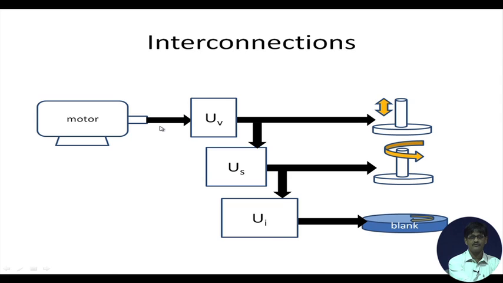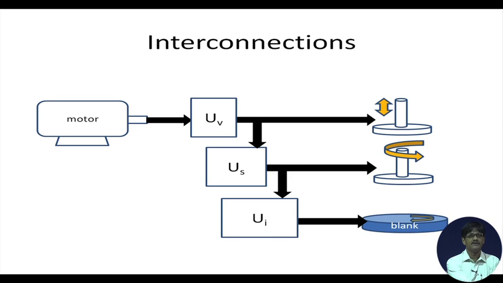How does the power flow? The motor shaft is rotating and that shaft goes inside the gearbox UV. There will be a cluster of gears and these cluster of gears would be changing the RPM, and a different RPM will be coming out of the gearbox and serving the subsequent machine elements or other gearboxes as the case may be.